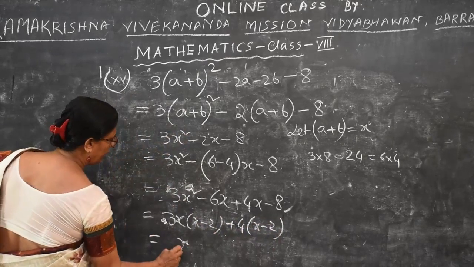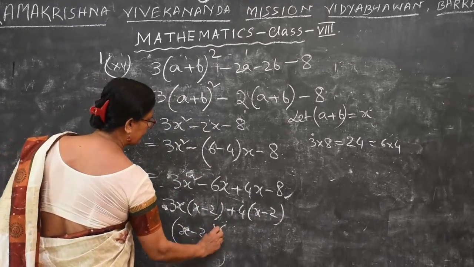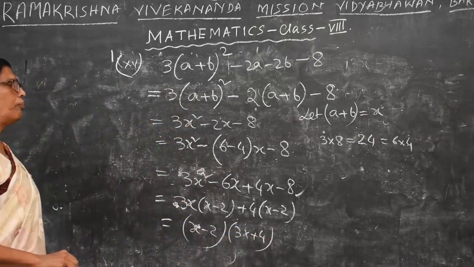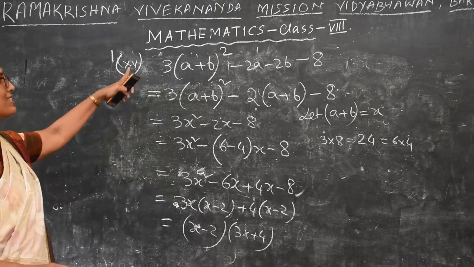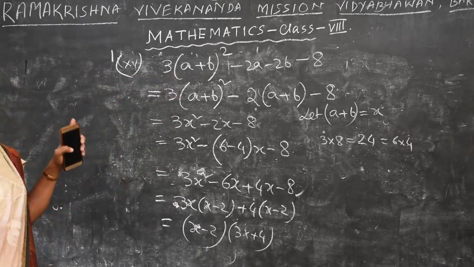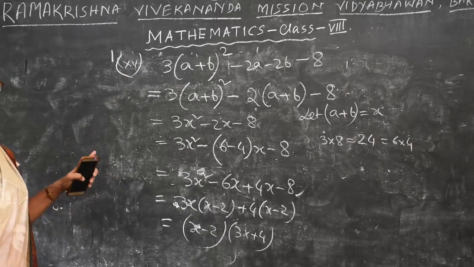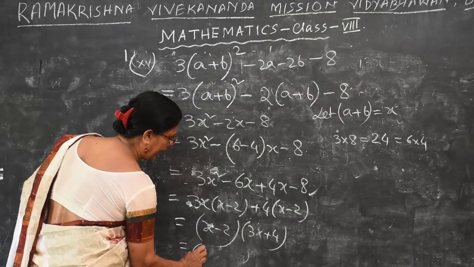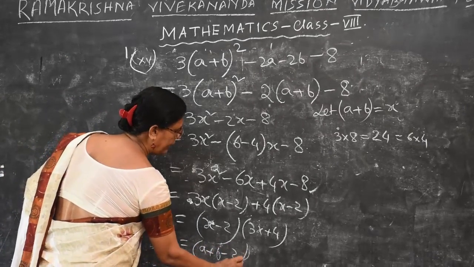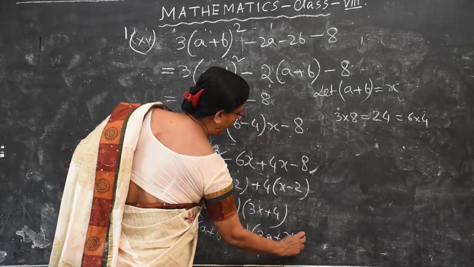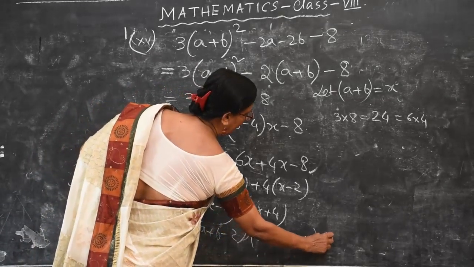So x minus 2 is a common, 3x plus 4. But it is not the answer because x is not given there, given is a plus b. So we must put in the value of a plus b here. So now it comes to a plus b minus 2, 3a plus 3b plus 4. See, this is the answer.